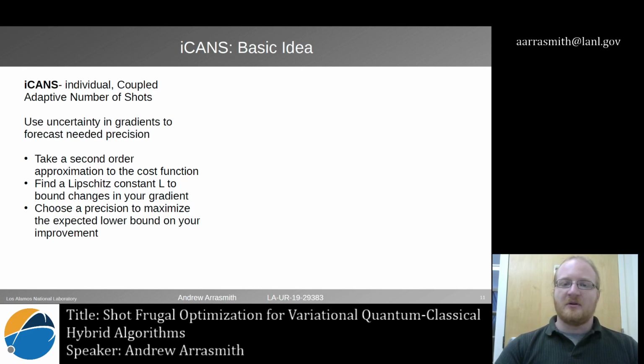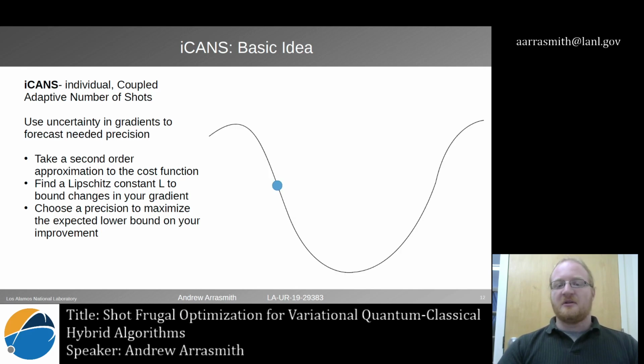So in terms of a cartoon landscape, let's picture that we are doing optimization and our optimizer is currently at the point of the blue circle. We take a gradient. Our estimated gradient says we should take an update step that looks like this. However, there's a lot of uncertainty there, so perhaps we should have taken this update step or that update step instead.